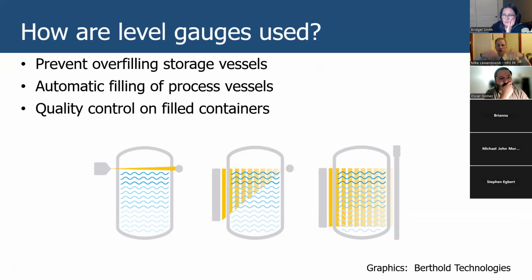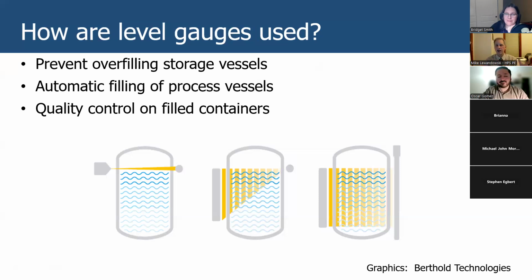And when the level rises to a point at which the material obstructs that beam, we know that the container is filled to that level. So we can do this for tanks of petroleum, we could do this for tanks of chemicals, but more importantly, we could do this for small 12-ounce containers.